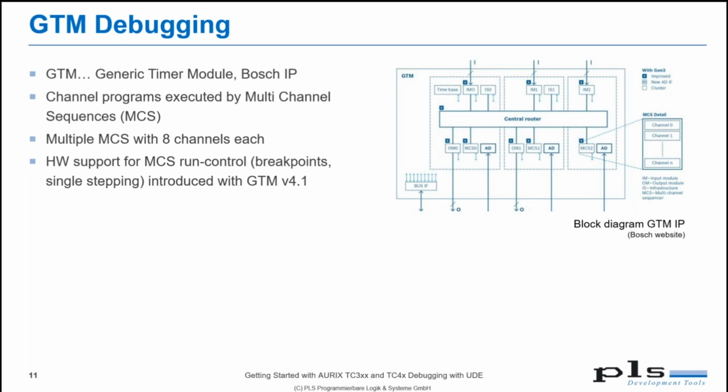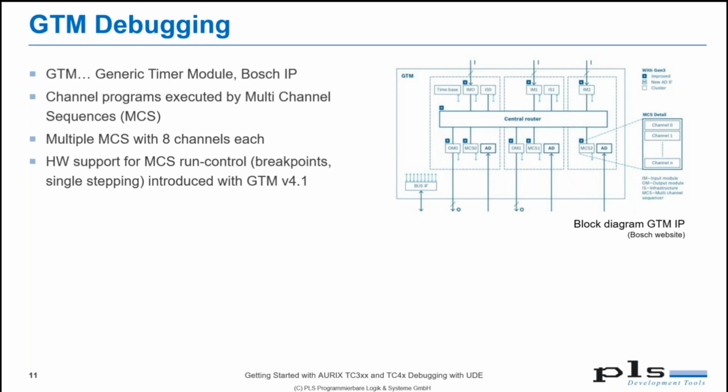The GTM contains many different modules for different purposes, and that includes a module called the multi-channel sequencer, MCS. There are several of them in the GTM. It depends a little bit on the device how many of these MCS exist. And the MCS can execute channel programs, so that provides a kind of programming capability.